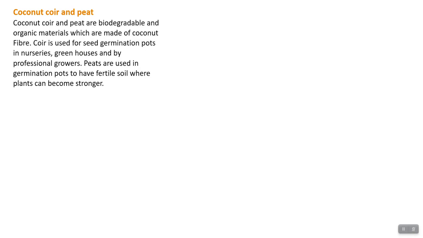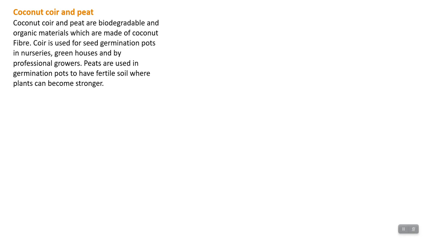Then the coconut coir and peat, what we call la noix de coco et la paille de coco. Coconut coir and peat are biodegradable and organic materials which are made of coconut fiber. Coconut coir is used for seed germination pots and in nurseries and greenhouses by professional growers.